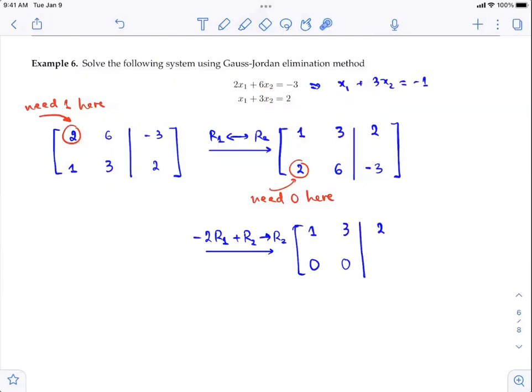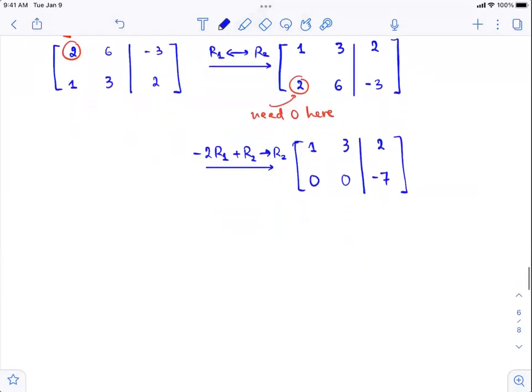And for this entry, what you have is -2 times 2 is -4, added with -3, it becomes -7.